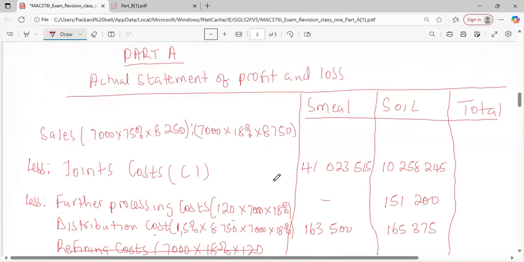So S meal is going to be 43. This one we did it before. It's going to be 43,334. Then let's do for S oil, which is 7,000 times 18 times 8,750.